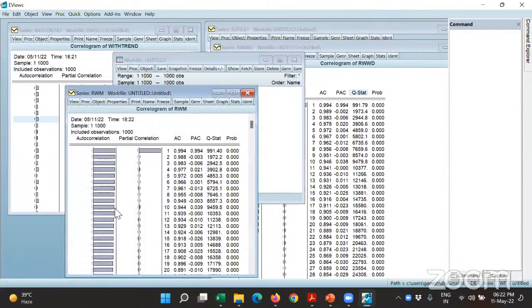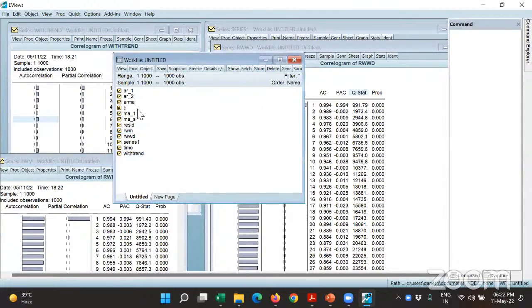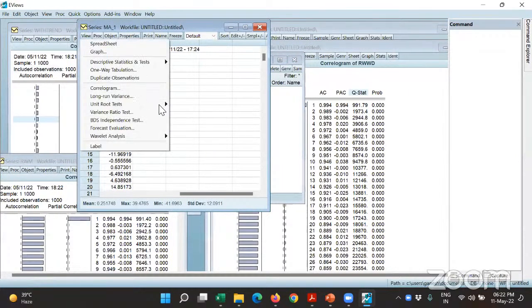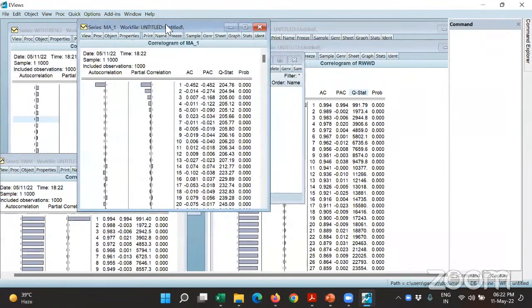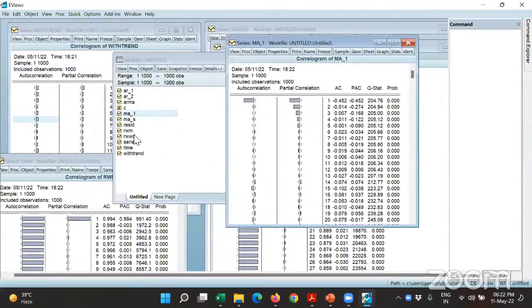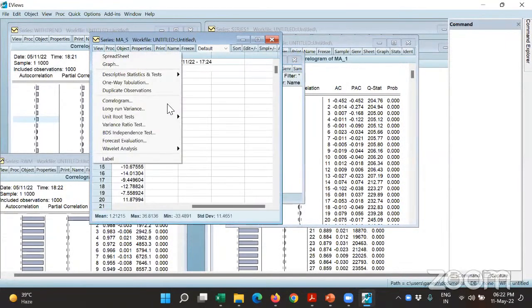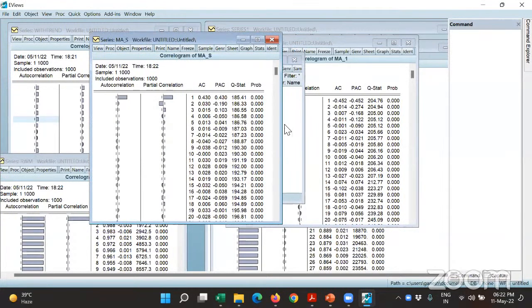One jump here and something like this. You have an MA series, just like this one. You have something like this one.